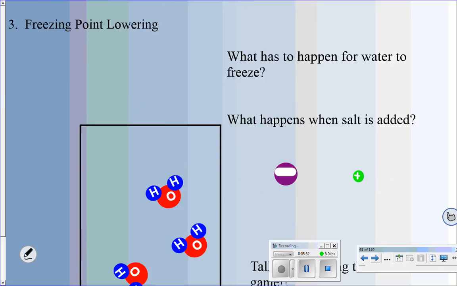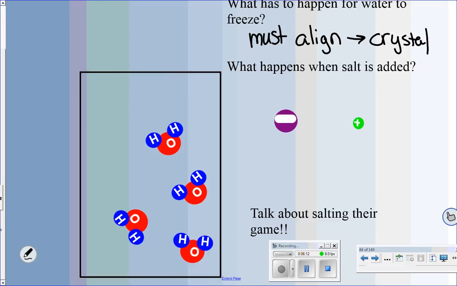Freezing point lowering you also need to know. In order for water to freeze, it must align and form a crystal. If you imagine these water molecules down here, maybe this one is trying to align with this one.